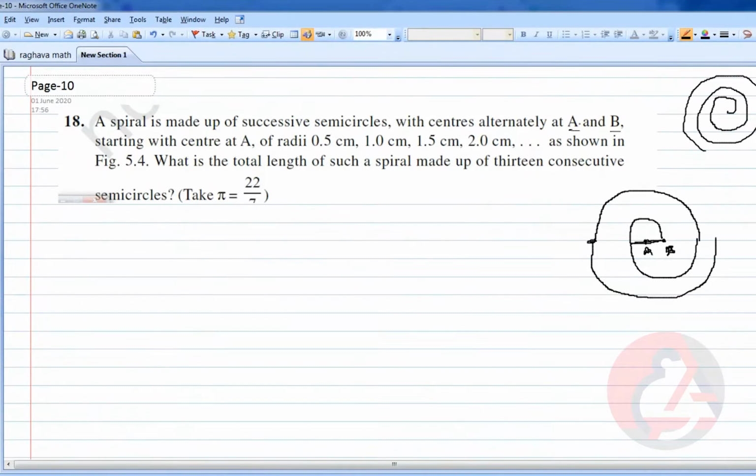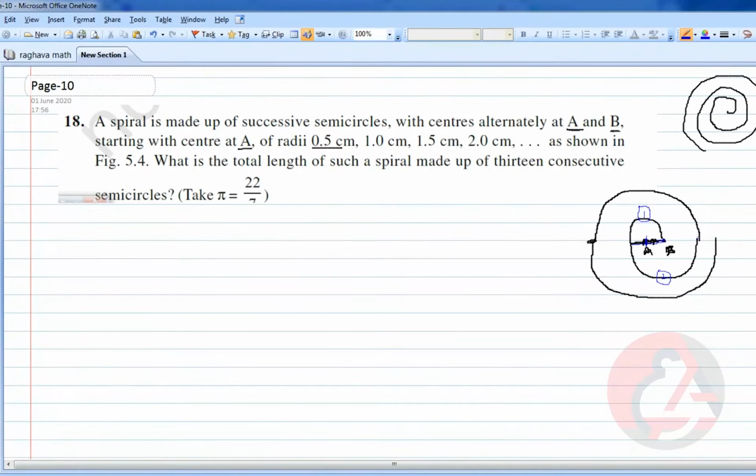A spiral is made up of successive semicircles with the centers alternately A, B, starting with center A of radius 0.5 centimeter. So this is the center A with 0.5 centimeter. This is the first semicircle, so its radius is 0.5. This is the second semicircle. Its radius is 1 centimeter.